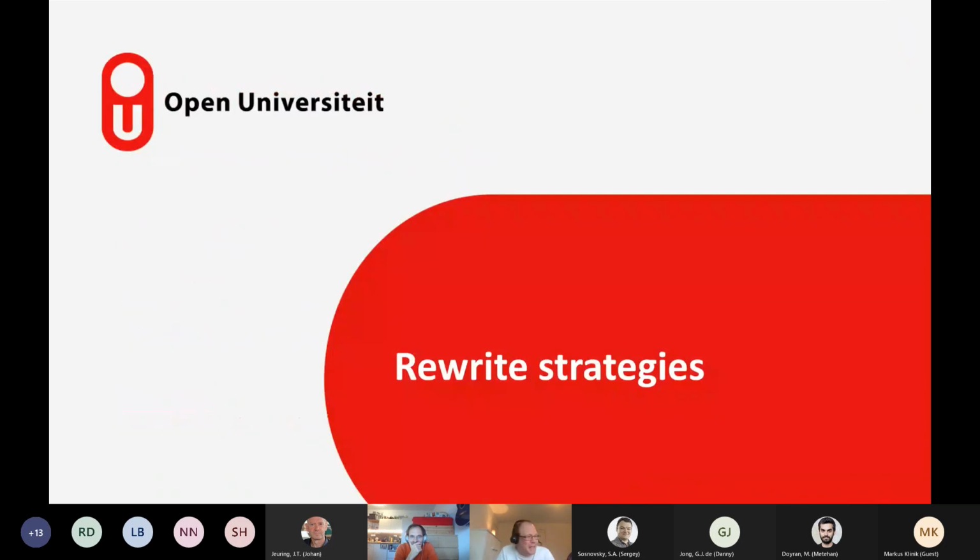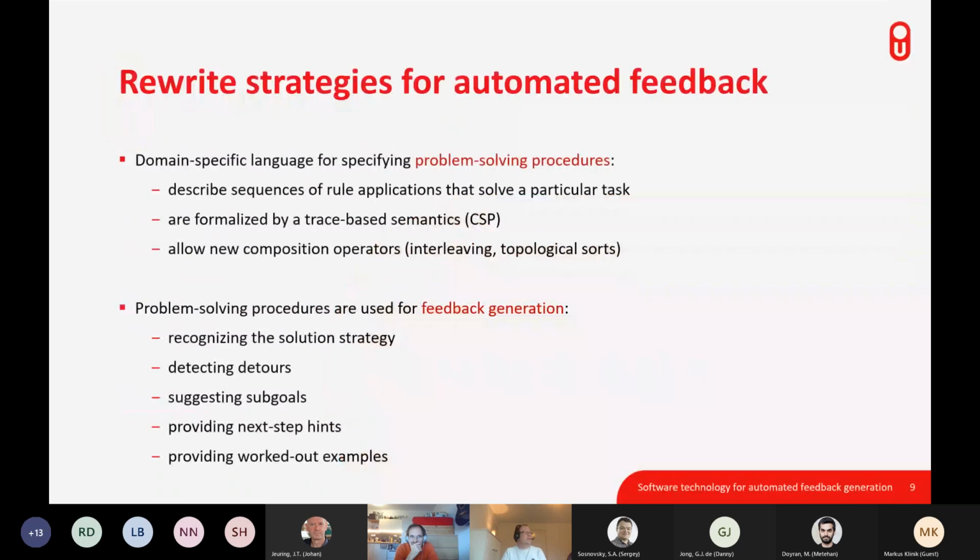The first technique of today is rewrite strategies. So what are these rewrite strategies? They are problem-solving procedures. What we did is we designed a domain-specific language in which you can very concisely specify problem-solving procedures for a particular domain.